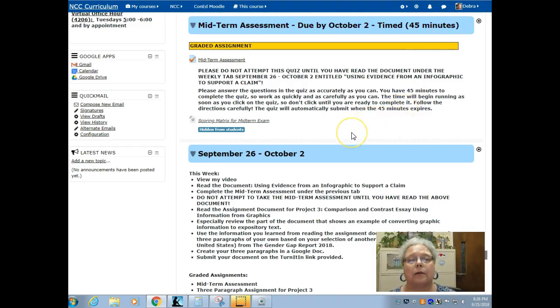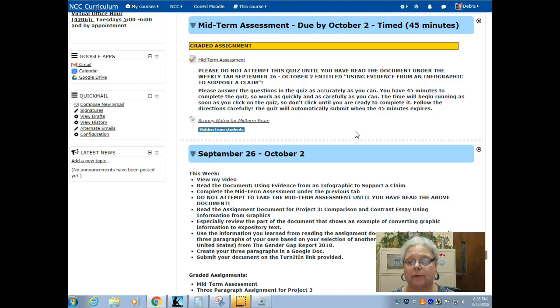So do not click on the quiz until you're ready to actually do it, because the time will start as soon as you click on it, and it will continue to run until 45 minutes is up, and then it will automatically submit when your 45 minutes expires.